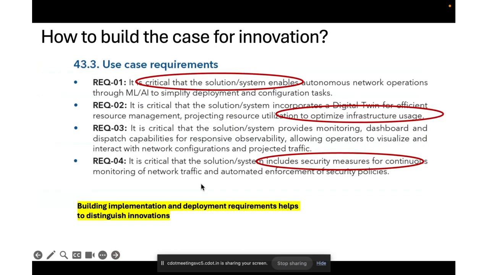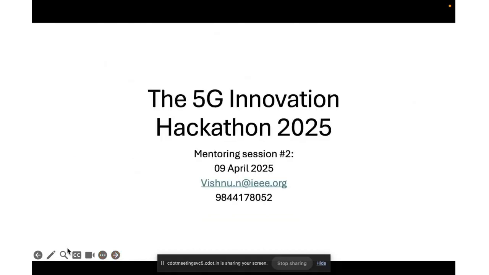Then we looked at a simple template of use case requirements, which explains one by one the criticality and the numbered requirements like this, and then the aspects which each of them touch, for example, optimization, security measures, etc. And I left you with telling that building implementation and deployment requirements helps us to distinguish innovations. Okay, that's where we stopped last time.